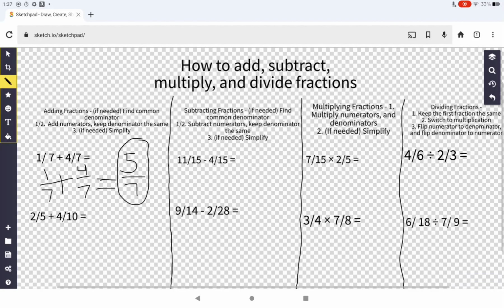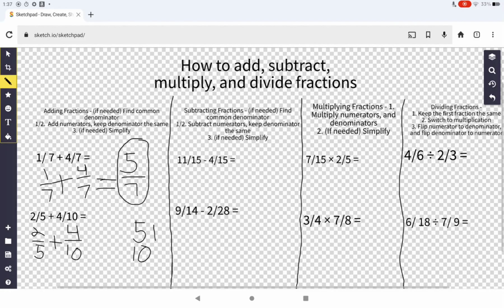2/5 plus 4/10. So I'm going to rewrite it. Okay, so for fractions that don't have a common denominator, we have to skip count.